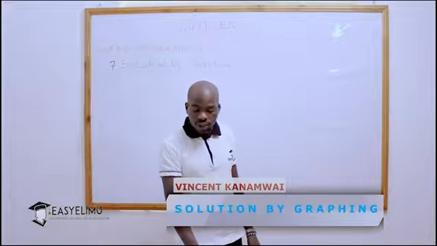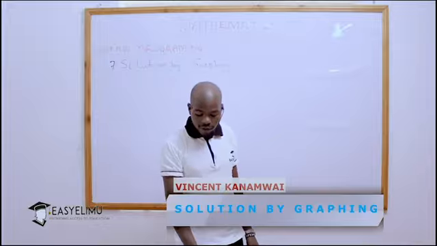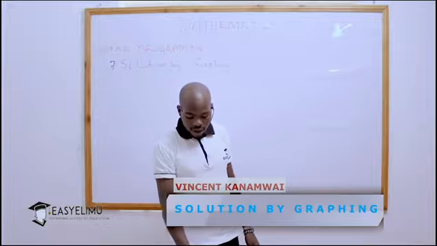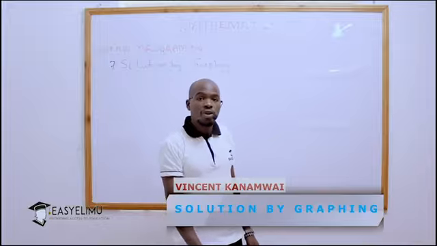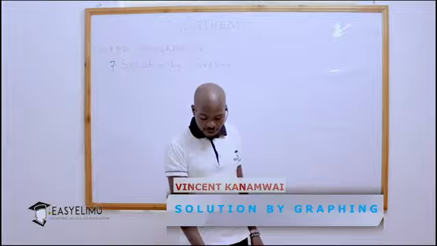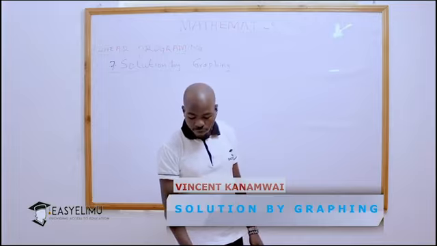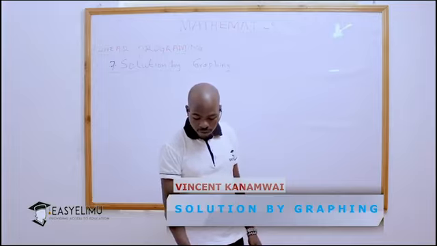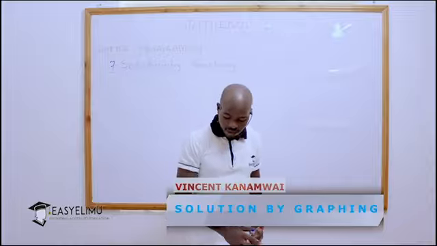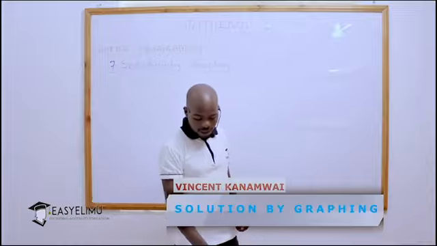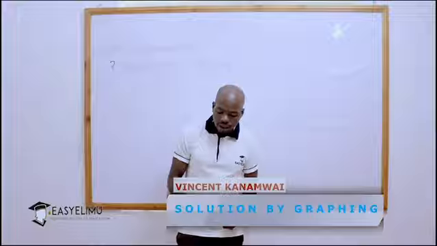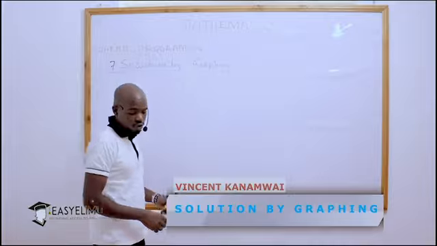A book costs 20 shillings and a pen costs 10 shillings. If the student has only 220 shillings to spend, form all possible inequalities from the given condition, draw a graph, and then indicate the possible solutions.